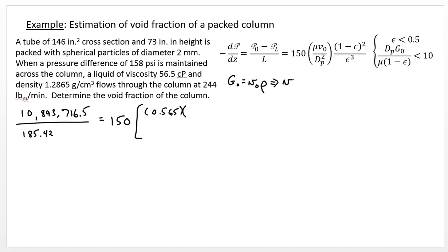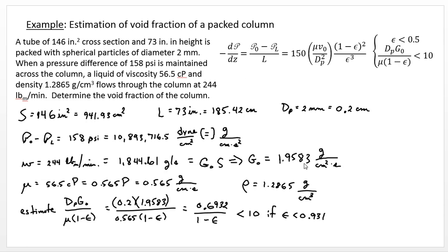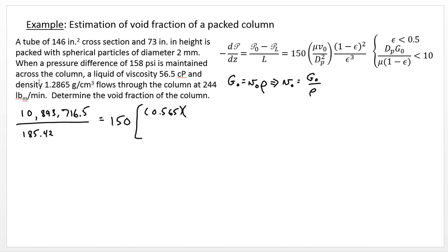So the superficial velocity V naught is simply equal to G naught over rho. And so G naught, from the previous slide, is 1.9583. Divided by now the density. Density is 1.2865. So that's G naught over rho. That gives us then the V naught for this term in the correlation.